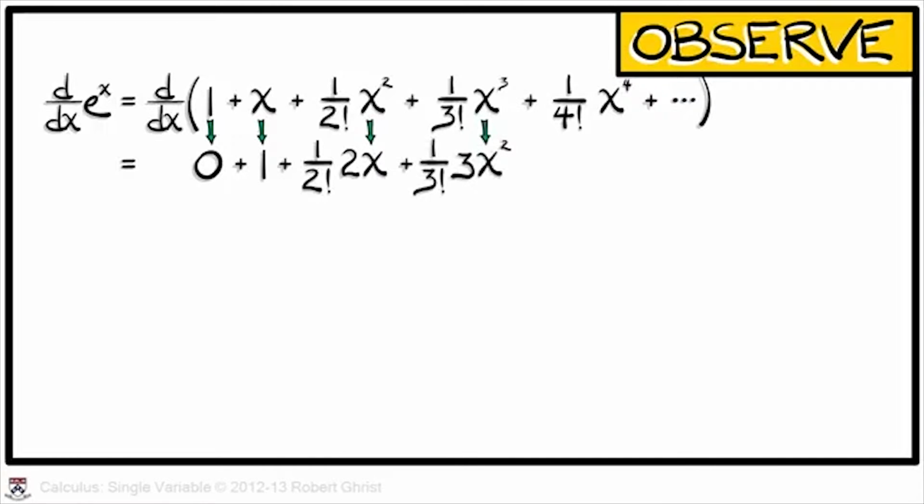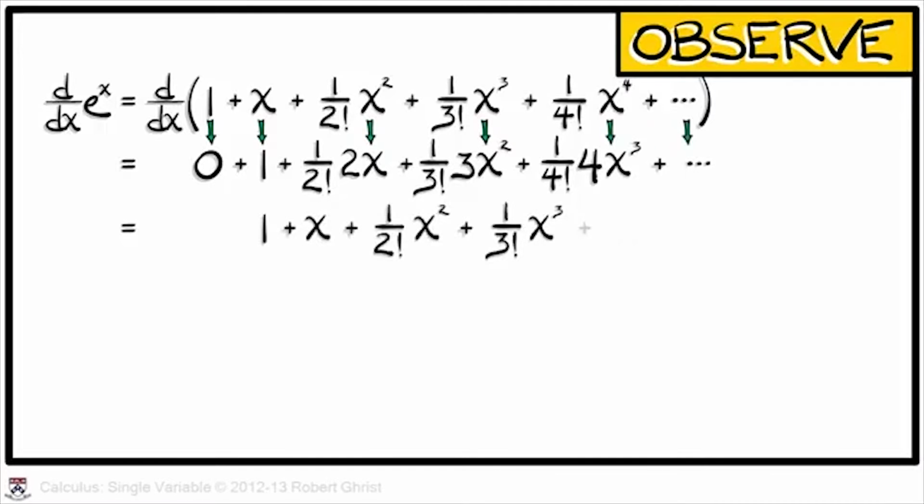We can continue on down the line, taking the derivative of x cubed to be 3x squared, etc., following the constants as we go. Now, a little bit of simplification tells us that the 2x divided by 2 factorial gives us simply x. The 3x squared divided by 3 factorial gives us simply x squared over 2 factorial.